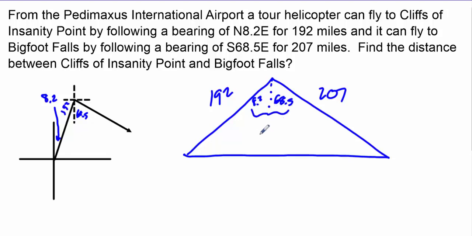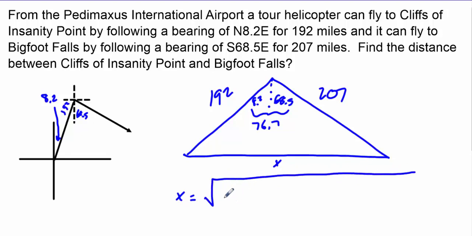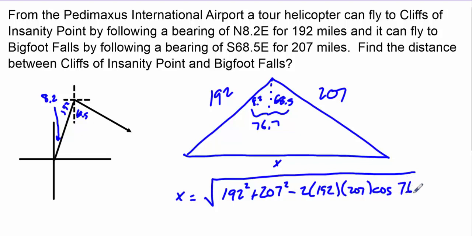Altogether, this angle is going to be 76.7, and it's just a straight law of cosines setup. So let's find x. X is equal to, I'm just going to do this all in one shot, the square root of 192 squared plus 207 squared minus 2 times 192 times 207 times cosine 76.7.